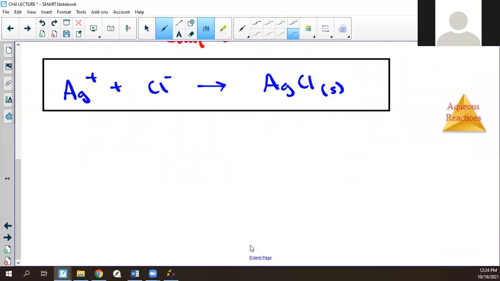No, it is a precipitate reaction. That is true. I think someone mumbled it. I tried to give you credit. This is the net ionic reaction.